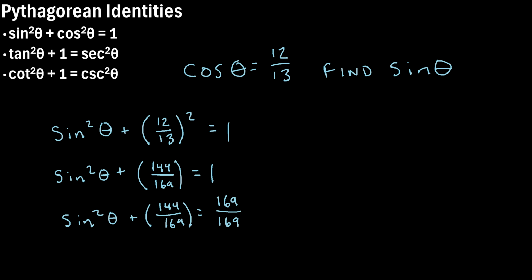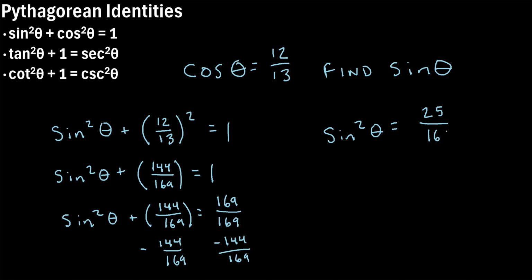Now to solve for sine of theta, we need to subtract 144 over 169 from each side. We'll be left with sine squared theta is equal to, since these two fractions have the same denominator, we can just subtract the numerators. 169 minus 144 is 25. So we're left with 25 over 169.